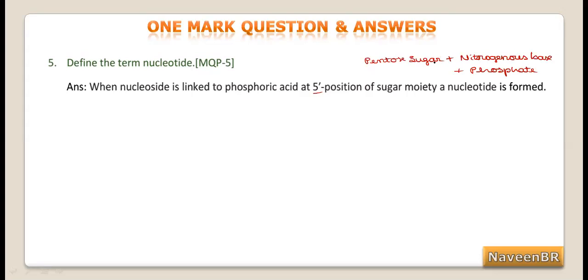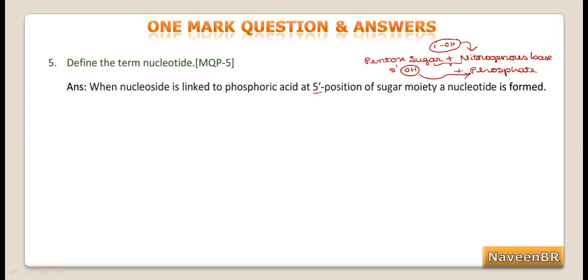The 1' hydroxyl of the pentose sugar will interact with the nitrogenous base, and the 5' hydroxyl group of the pentose sugar will interact with phosphoric acid, as phosphate, to form the respective linkage.